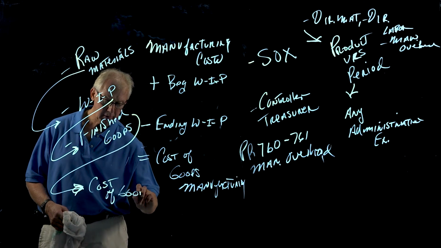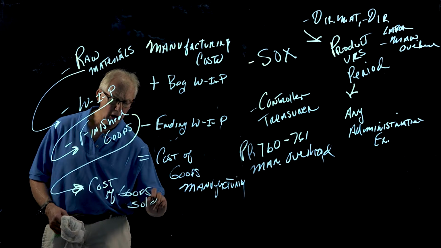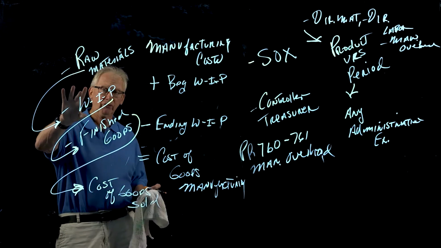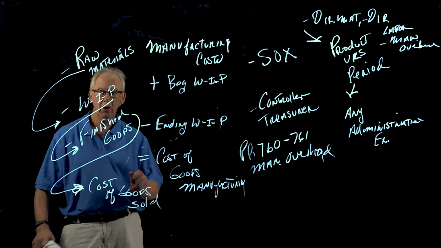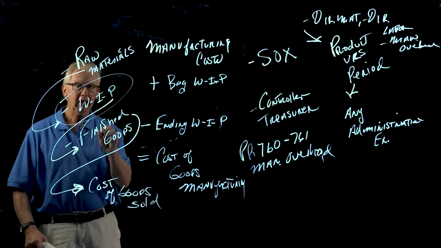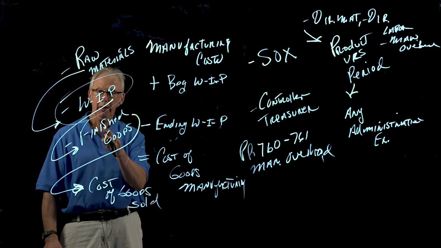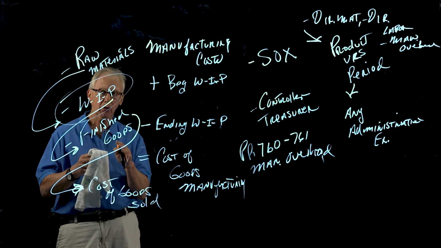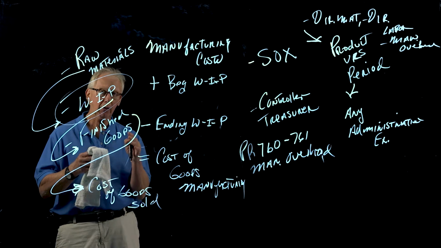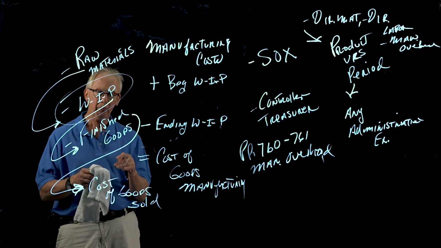Okay? And that's the whole flow. Raw materials into work in process to finished goods and cost of goods sold. Work in process is the job that you're working on. That will house all the product costs: direct materials, direct labor, and manufacturing overhead.